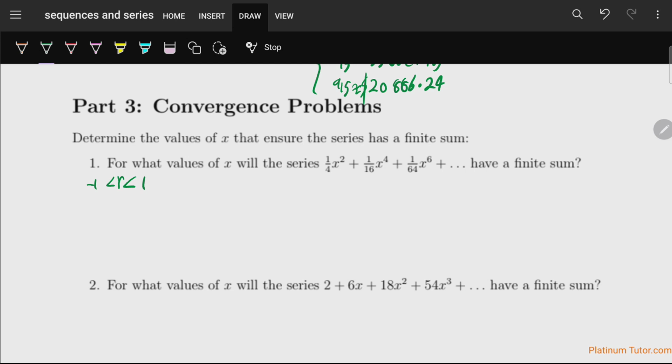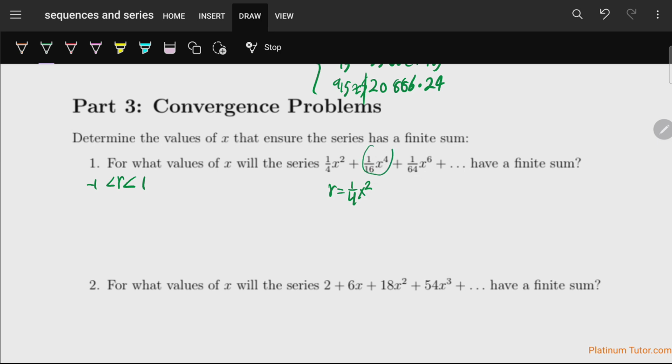Let's try to figure that out. Well, let's just observe something first. From this term to the next term, we seem to be multiplied by a value of 1/4 x squared, right? If I multiply this by 1/4 x squared, I get 1/16 x to the 4.